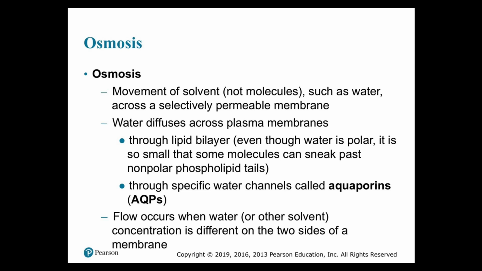Even though water is polar, it is so small that some molecules can sneak past the nonpolar phospholipid tails or through specific water channels called aquaporins. And the flow occurs when the water concentration is different on the two sides of a membrane. In other words, on one side it would be higher compared to the other side.